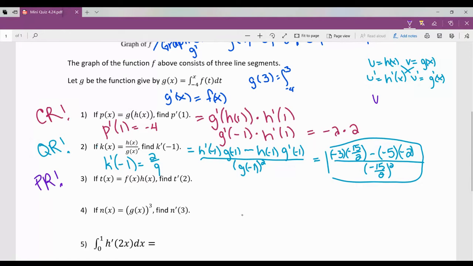So we've got U is F of x, V is G of x. Oh, nope, I lied. V is H of x. So U prime is F prime of x. V prime is H prime of x. All right. So U prime V.